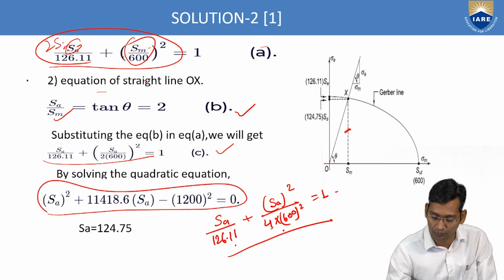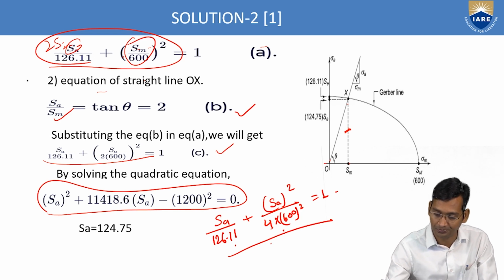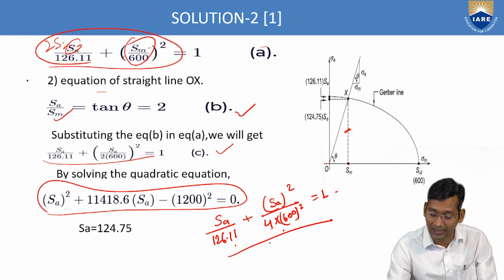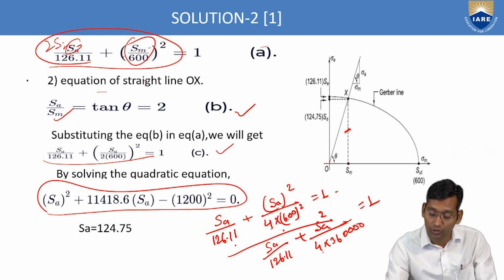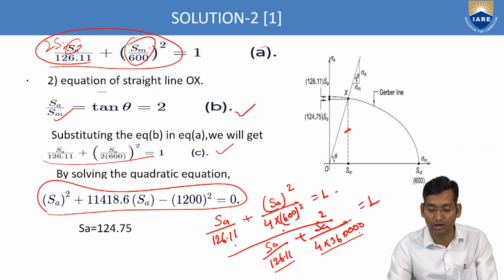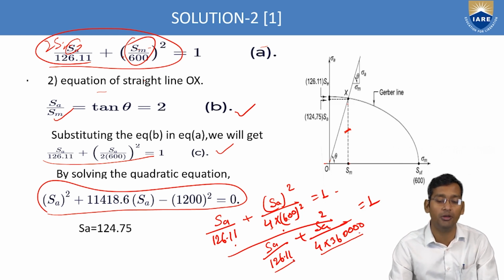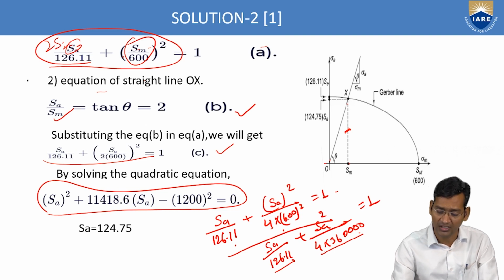Or let me solve previous step, then later you can do. So now this will be what? SA by 126.11 plus SA square divided by 600. That is 4 into 360,000. That is equals to 1. So 4 into 360,000 into 126.11 will be the LCM. Right. So after that, what you have to do?